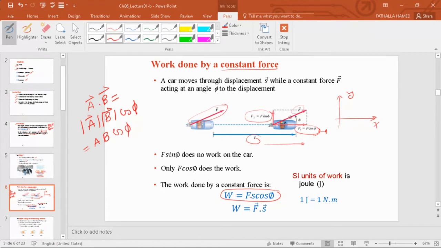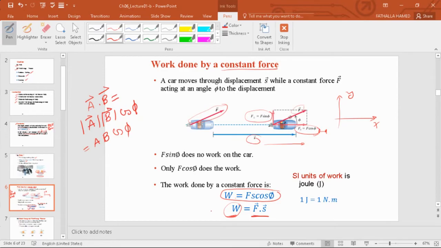So right away here, you can see that we have F S cosine phi, and phi is the angle between F and S. And F is a force, which is a vector, and the displacement is a vector. So we can write our work as F dot S. And of course, we call this a scalar product, because what you get out of it is a scalar quantity. And work here is regarded as a scalar quantity or as energy, which is not a vector to us.